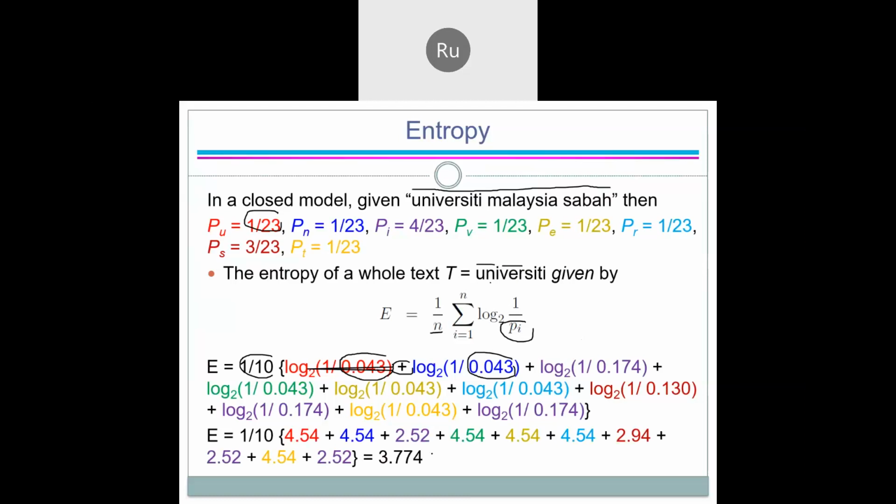So this is the total entropy that we have, meaning that university carries this much information. The lower you are, the less meaning you carry; the higher you are, the more meaning you carry. So that's how they look at how much information can be captured by a single term.